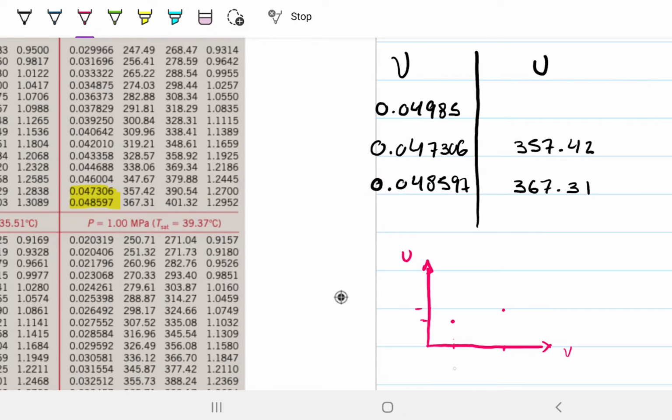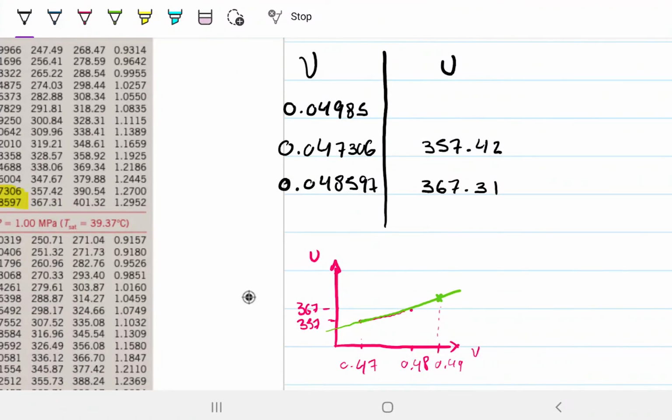This is the 0.47, and this is the 0.48. And here I have the 357 and the 367. And they're matched like so. And I have another value, which is the 49 over here, which is what I'm looking for. Let's just pretend that between these two guys, the way the internal energy behaves is just a straight line. So I'm going to extrapolate to find the value here for internal energy.